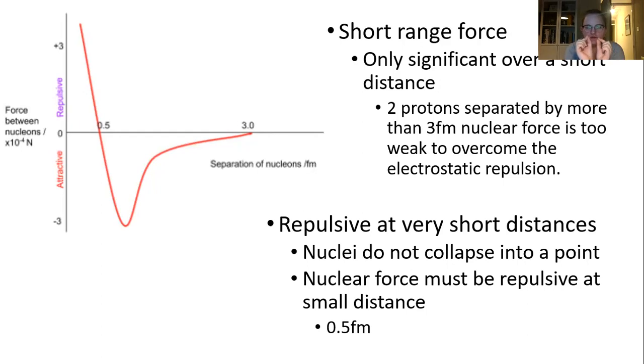So at short distances, this nuclear force is also able to be repulsive, at distances of around 0.5 fm. It's really clever how it works, as it's able to be repulsive and attractive at the same time.